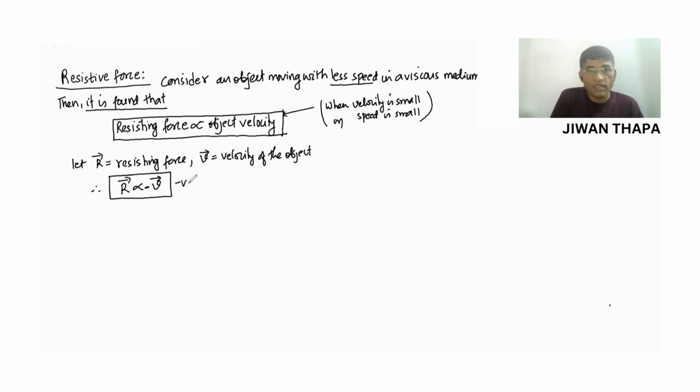The negative sign indicates that R and V, that is resisting force and velocity, are opposite.